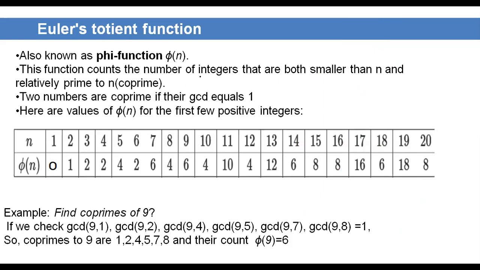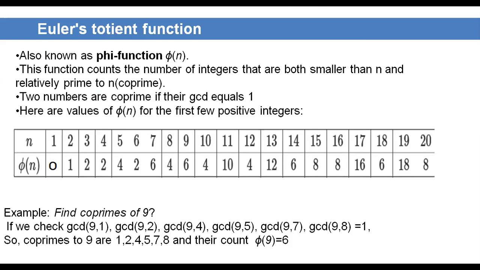So the phi function, or Euler totient function, phi of n, gives the total number of elements which are less than n and which are co-prime to n.